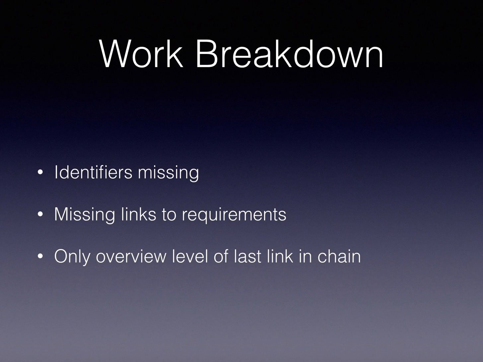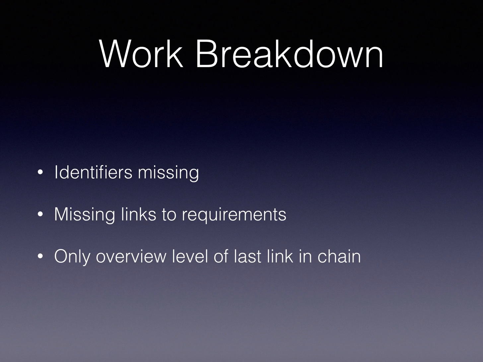The work breakdown, where we explained how tasks were assigned to people and assigned to milestones. We're missing identifiers for some of that work breakdown, and that's unfortunate because it means that people are talking to words rather than to an identifier, a pointer to those words.